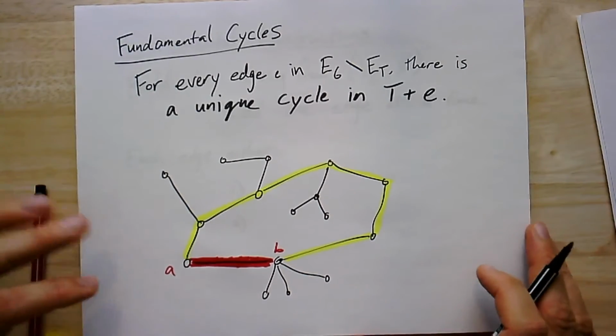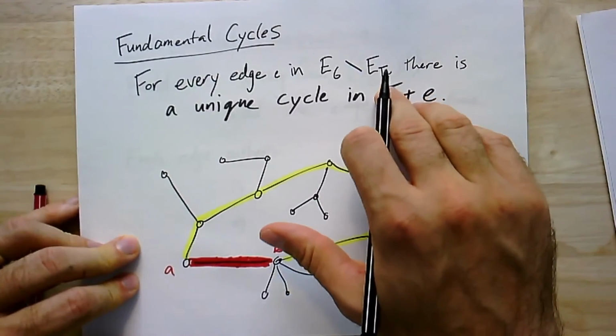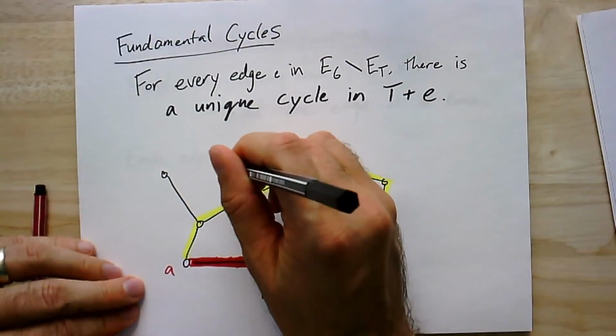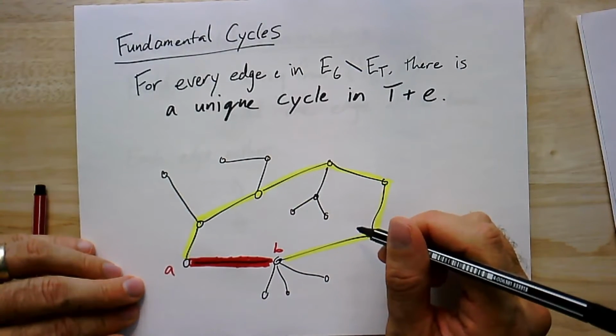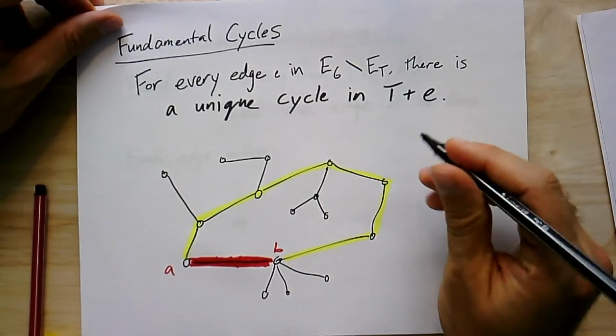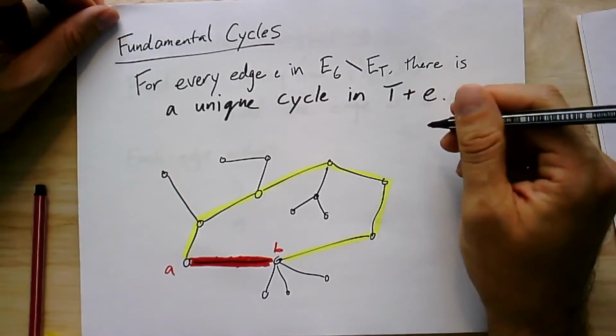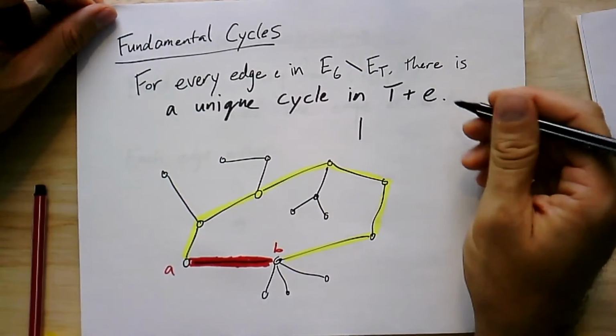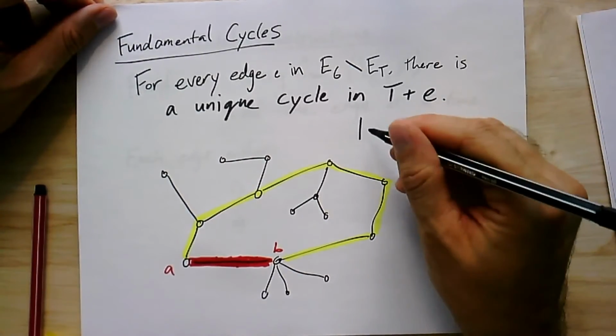Right? So once you pick a spanning tree T, the cycles you get for all the other edges that are not in the spanning tree are called the fundamental cycles. So you get this collection of fundamental cycles, and it's also not too hard to see how many you get. You're going to end up with one for every edge other than the edges in the tree.